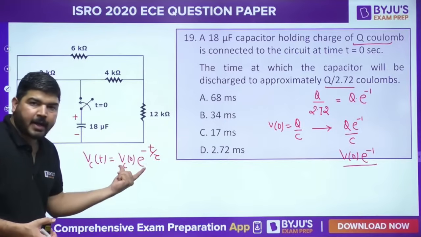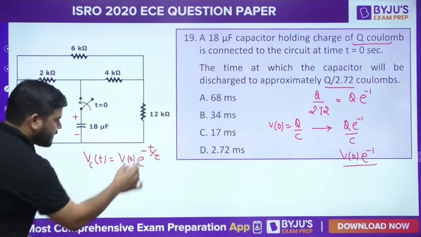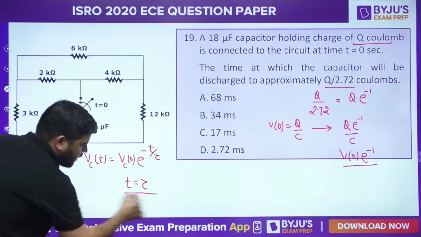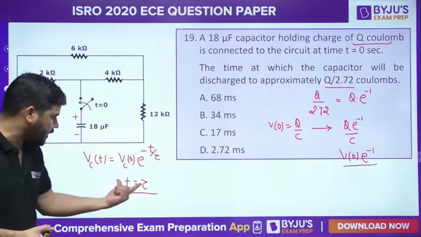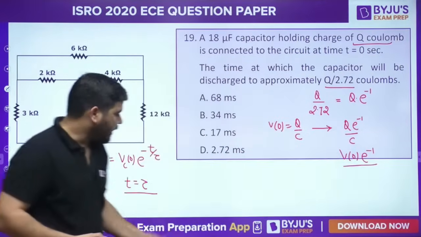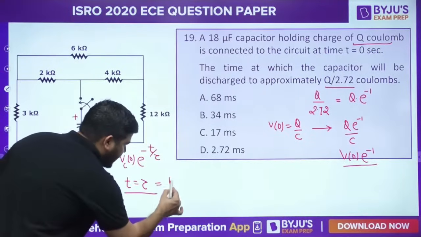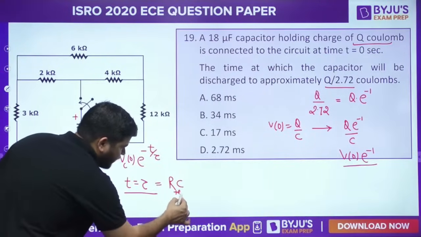How much time will it take to reach this value? Obviously, this t has to be equal to tau. In one time constant, this will become this value. Now, what is the time constant for this circuit? The time constant for this circuit is RC, RTH into C.